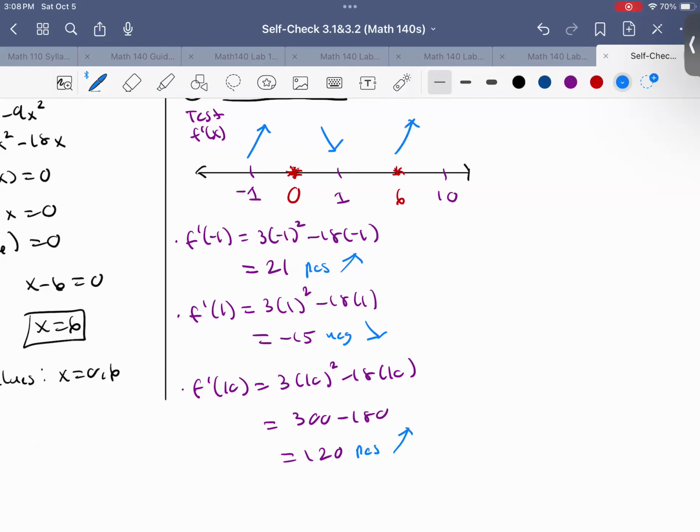Okay, so we found that before 0, it's increasing, and after 0, it's decreasing. So that means it's going to look something like that, right? So this means we have a max here. And likewise, after 0, we are decreasing, and I kind of wrote this in the wrong place.